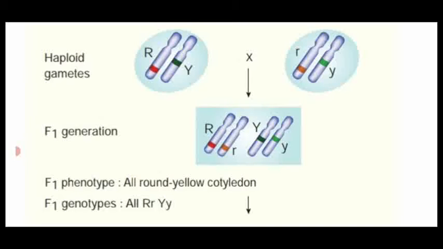Capital R, small r, capital Y, small y. That is the F1 generation gametes. So in the F1 generation, the phenotypic ratio is all round yellow cotyledon. The genotype is capital R, small r, capital Y, small y.